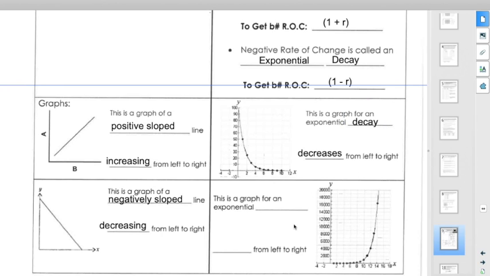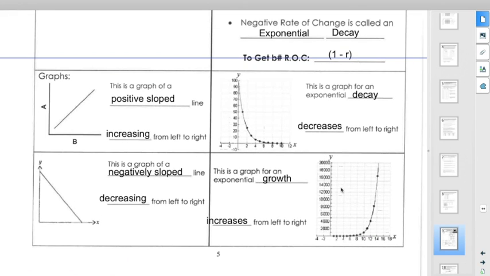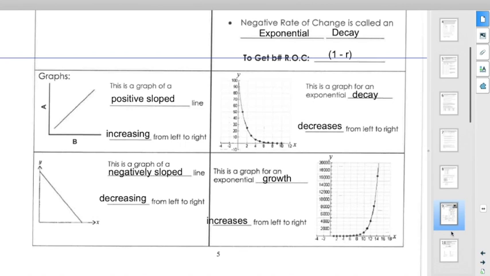For this second box, I look left to right. Well, left to right, definitely increasing. So it increases from left to right. And this is a graph for an exponential growth. So you guys get that down. And I'm going to move on to the next page.